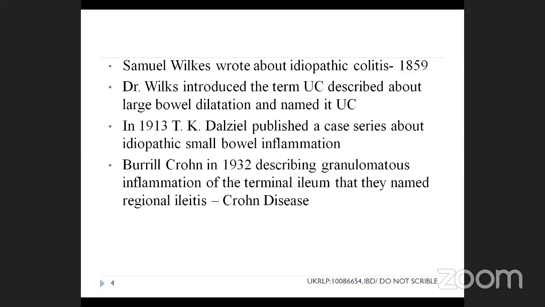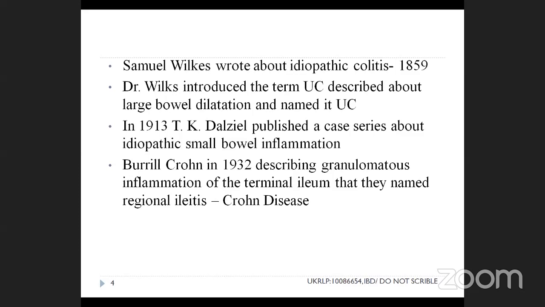So inflammatory bowel disease has its history starting from 1859, and it has a definitive structure, and the disease pathology started being investigated in the year 1932.